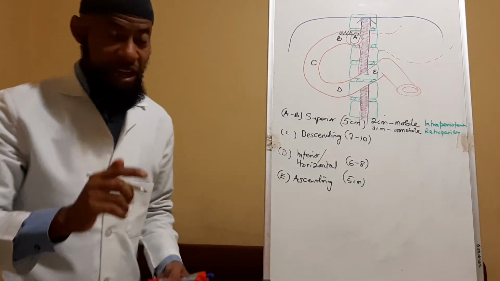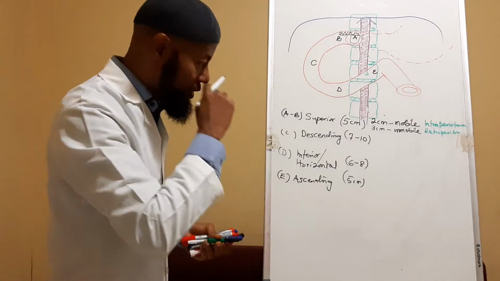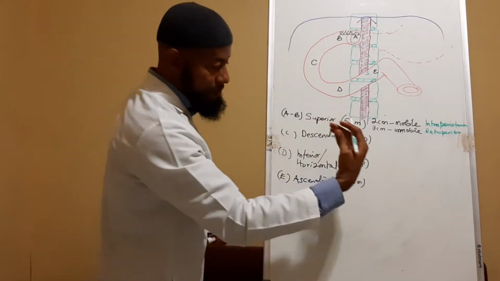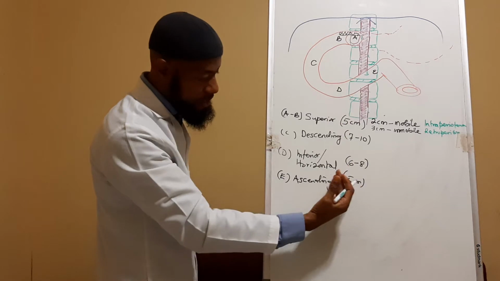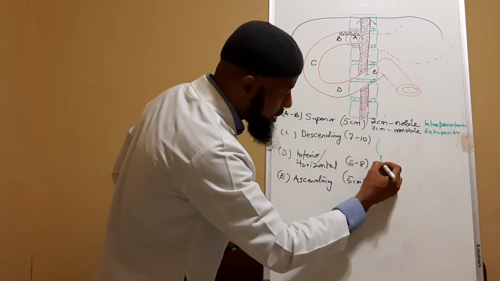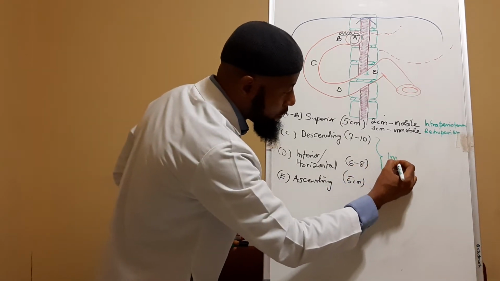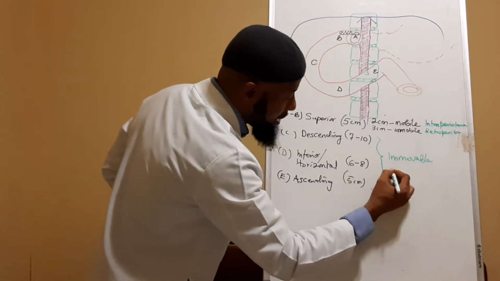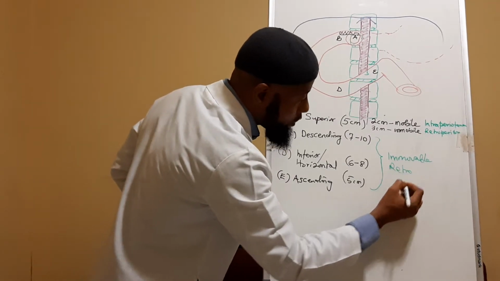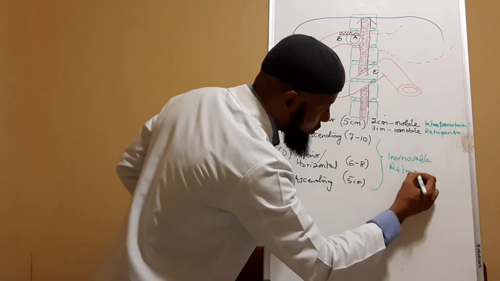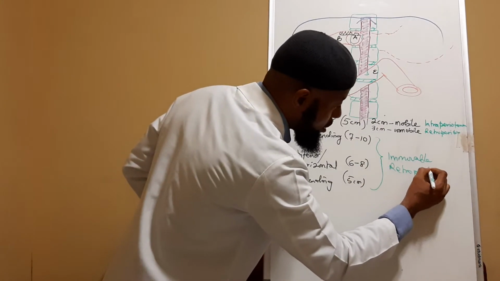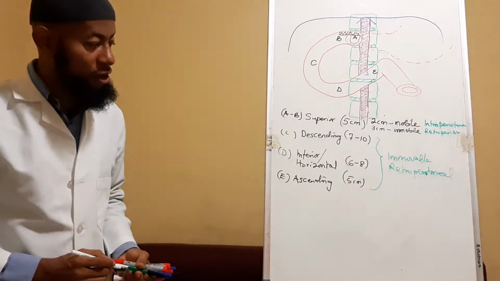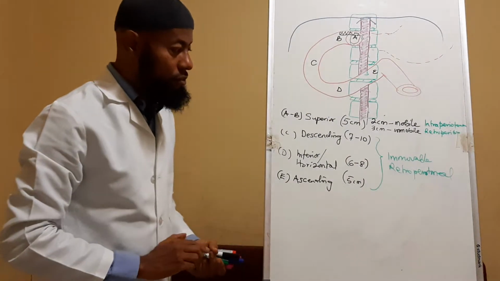How about the descending part, the inferior or horizontal part? All these are immovable, and they are retroperitoneal.